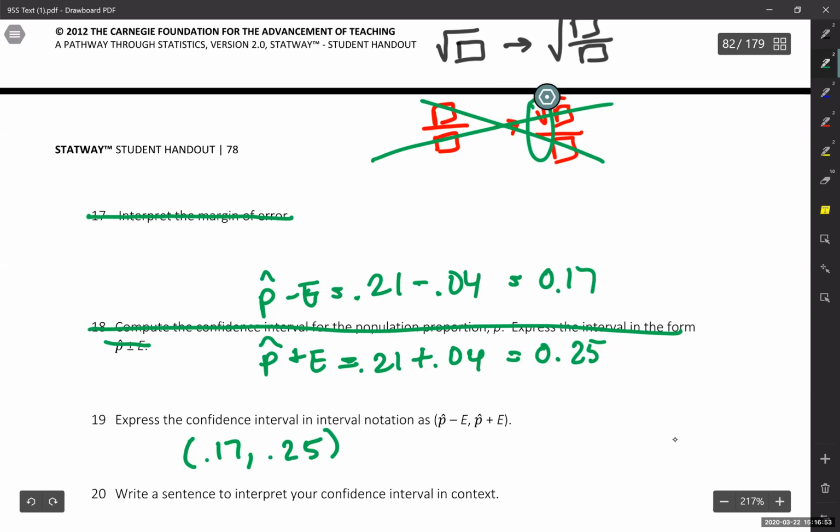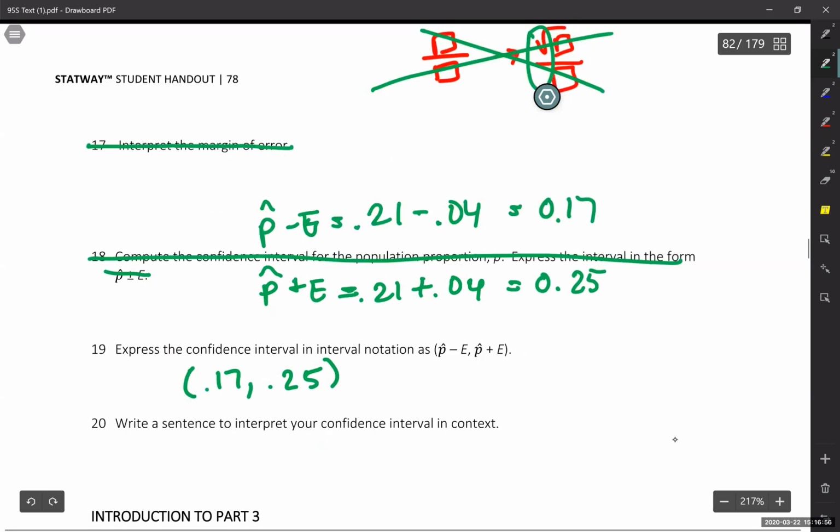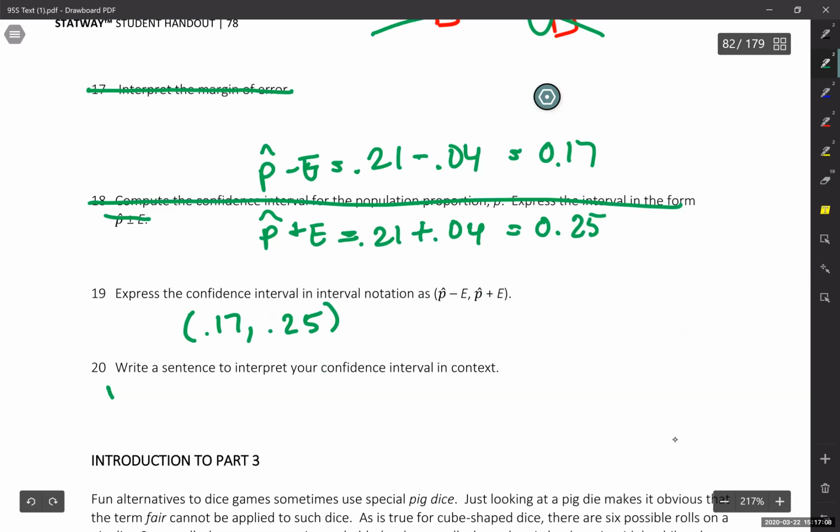We are 99% confident that the true proportion of students who believe in aliens is between 0.17 and 0.25.